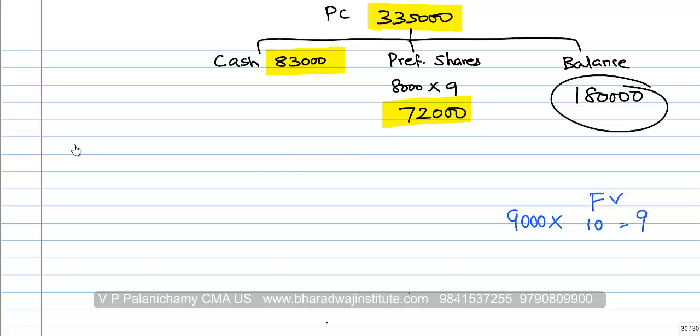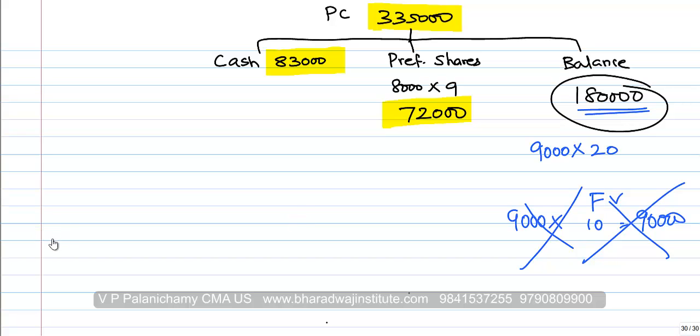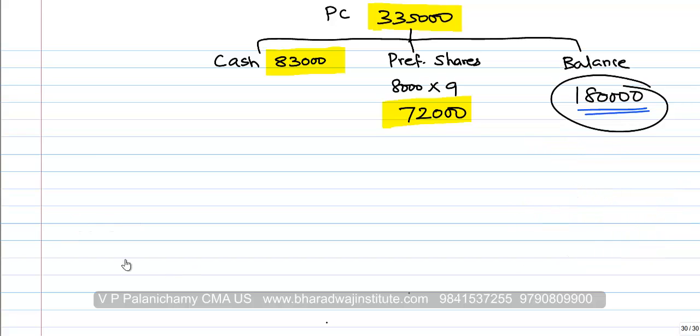It is not relevant. What is the market value of the share? 1,80,000 for 9,000 shares, so the market value was 20 rupees. So only the value matters. In accounting, the cost and value matter, not the number of shares, books or units. Are you going to record units or value? Value.